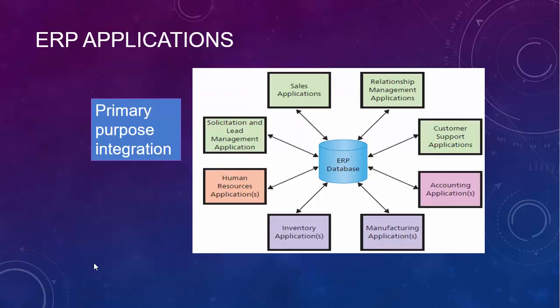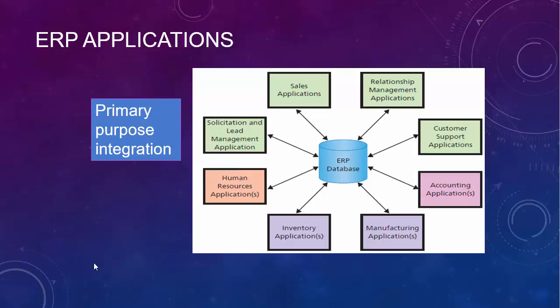So the next enterprise type system we want to talk about is this ERP application, Enterprise Resource Planning. Is a bunch of different applications or modules that are linked to a database. And again, you would buy an ERP system that's based on industry standards, best practices.